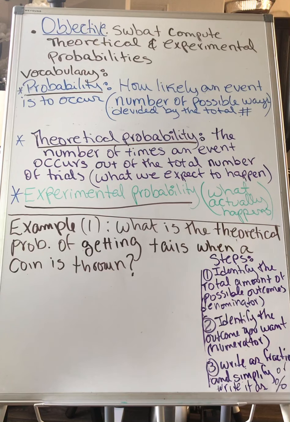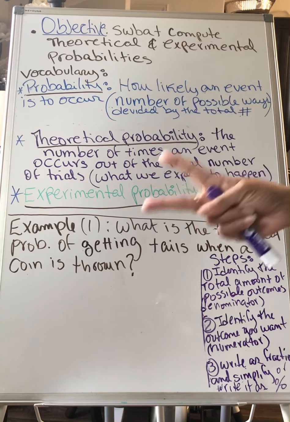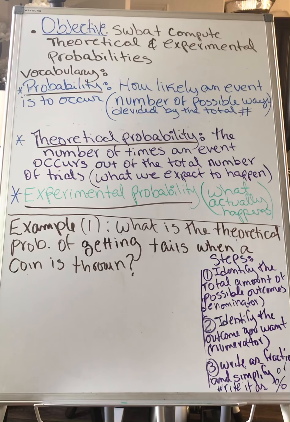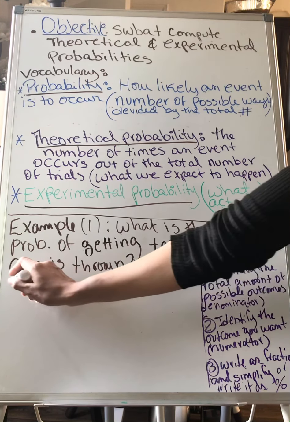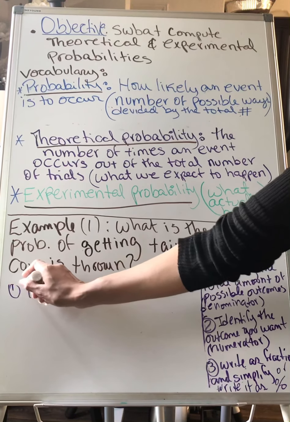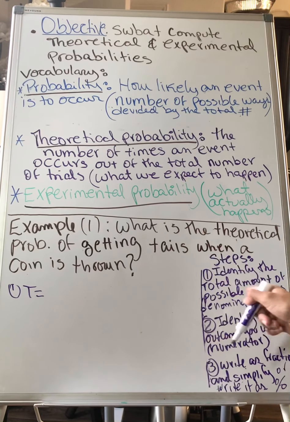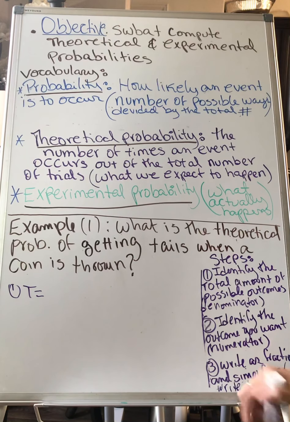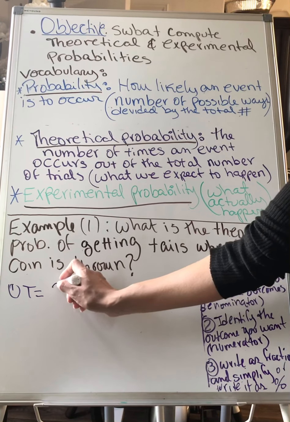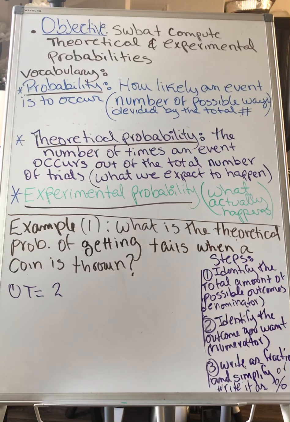The big number is always your denominator, and that's the total outcomes. The total is definitely either head or tail. Those are my only 2 possible outcomes.